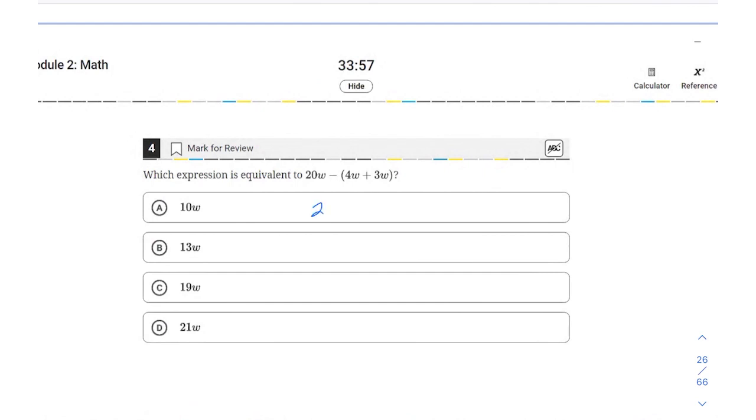I think it's a better method to simplify your parentheses first. So 4w plus 3w will be 7w, and then 20w minus 7w will give you 13w as your final answer there.